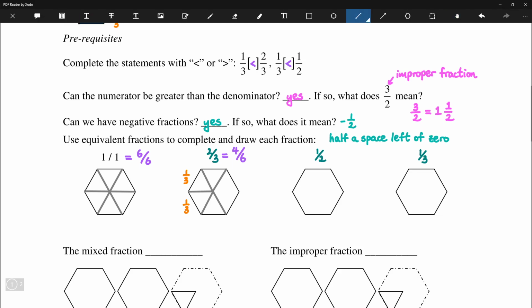Next up we have 1/2. So let's look at the bottom half of the hexagon, and in this case we can divide the bottom half of the hexagon into 3 triangles. So 1/2 is equal to 3/6.